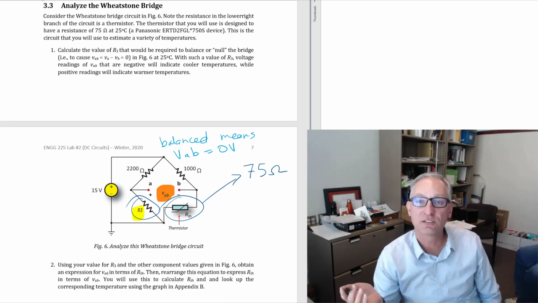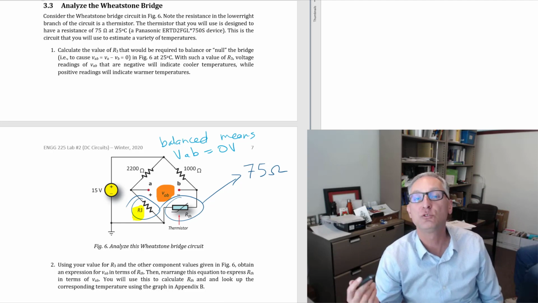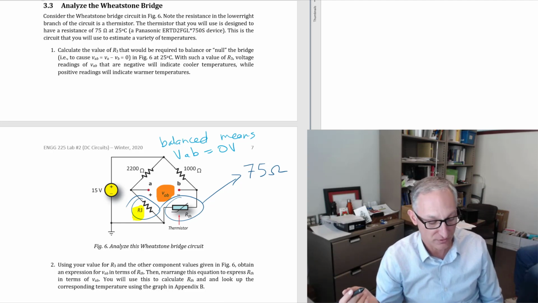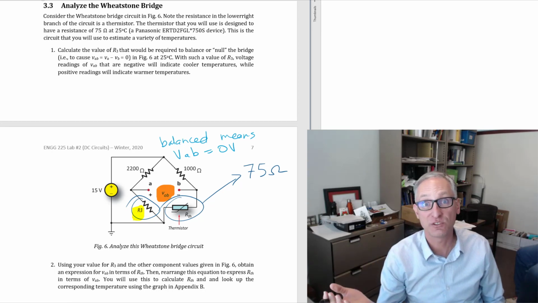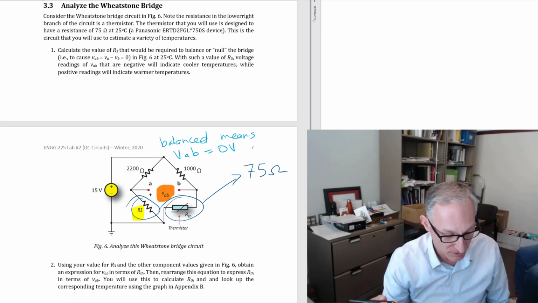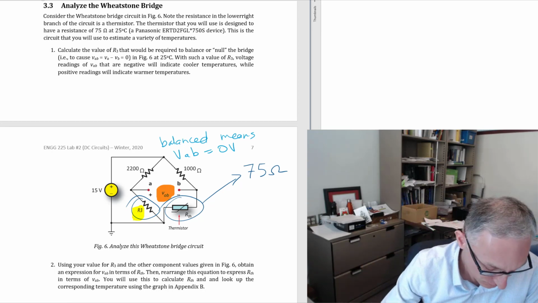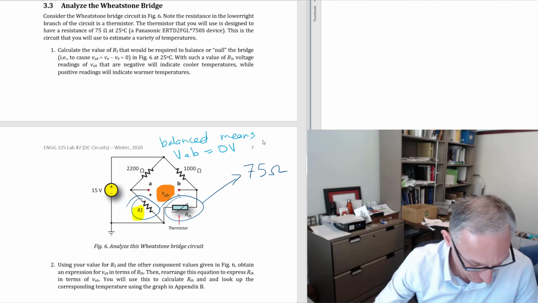And you'll notice that the Wheatstone bridge is two voltage dividers, one on the left side with node A and one on the right side with node B. So you can come up with a way to analyze this, okay?